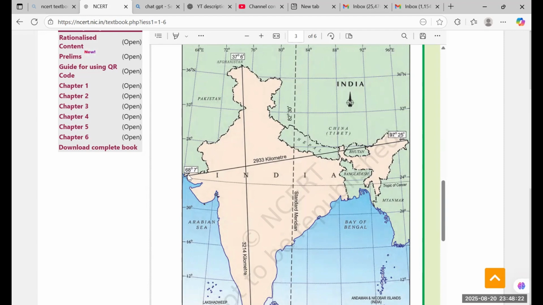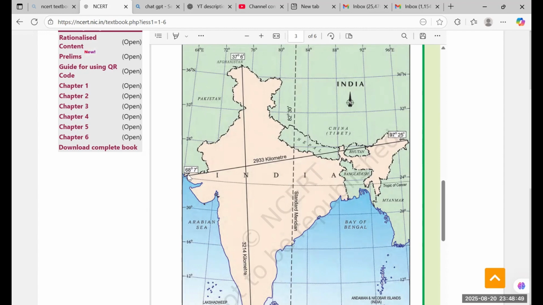So if we refer to the local time, it is going to create a lot of confusion, right? So to avoid this confusion, it has been decided to take the central meridian of the country as the standard meridian.